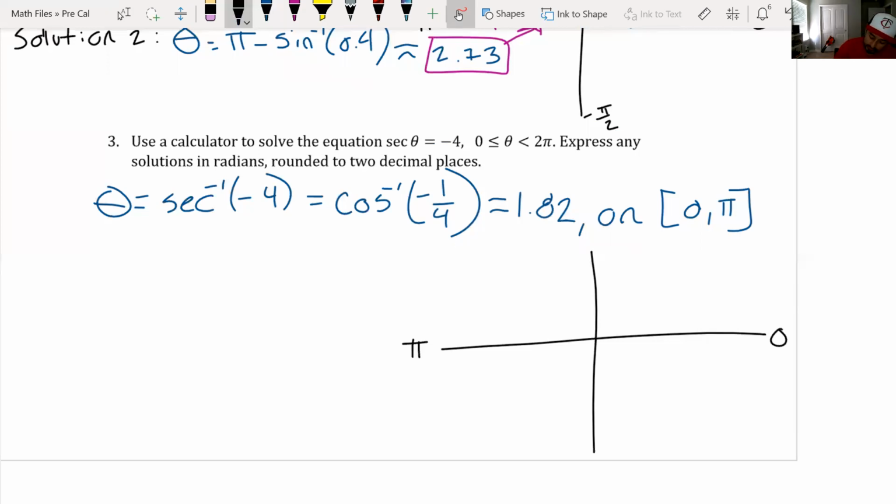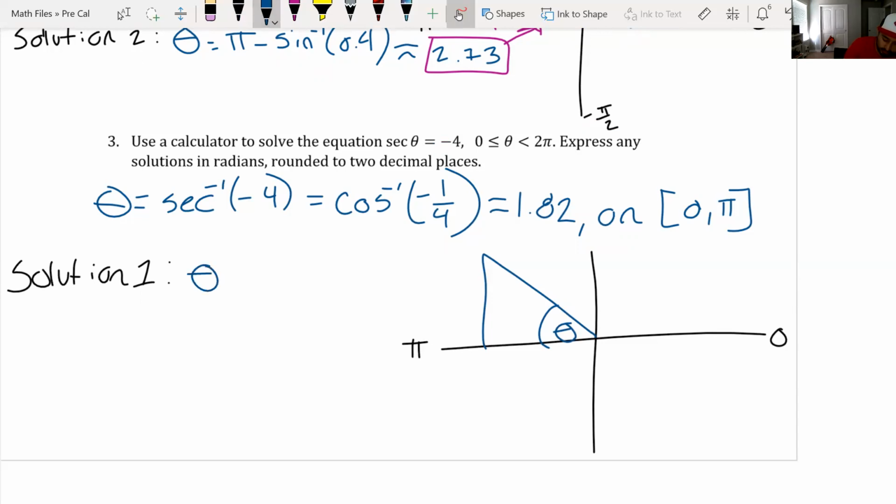Okay, so this means that since we are negative, we must be in quadrant 2. So that's fine. We have one solution already. So my first solution, solution 1, is theta equals 1.82.